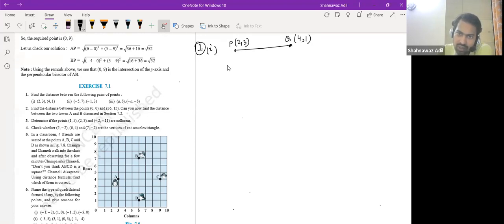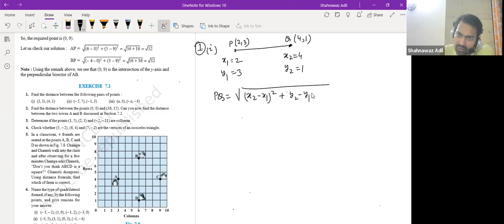So x1 is 2 and y1 is 3, x2 is 4 and y2 is 1. So PQ would be the root of (x2 minus x1) whole squared plus (y2 minus y1) whole squared.